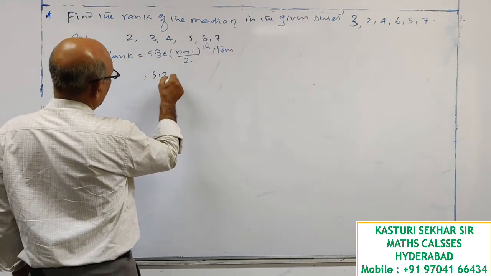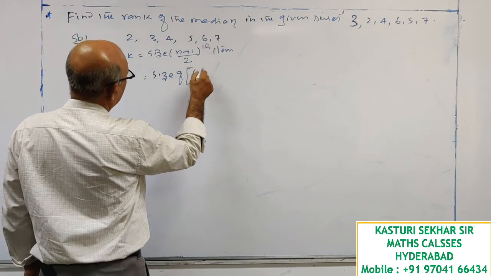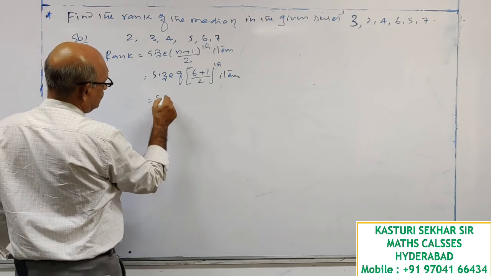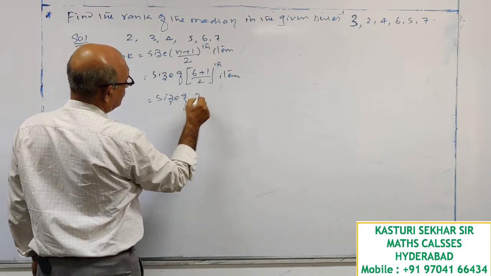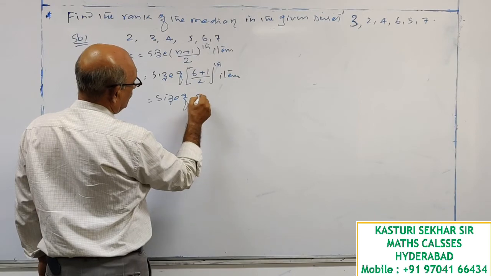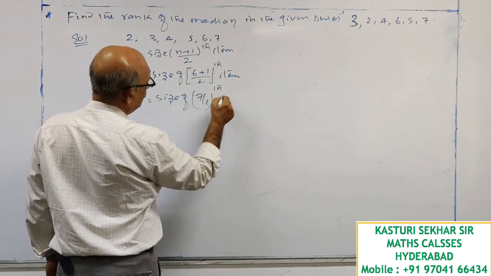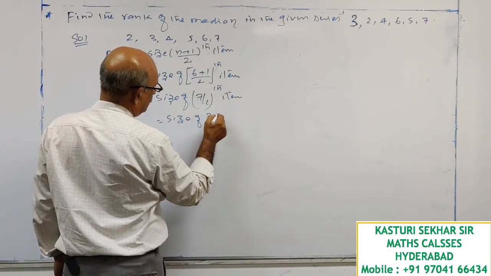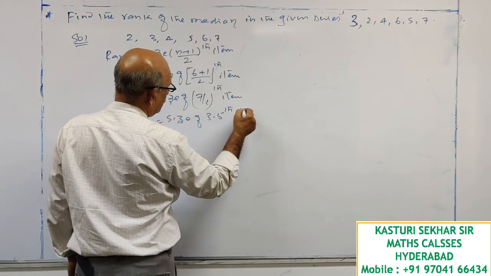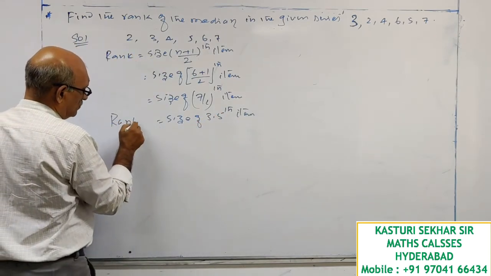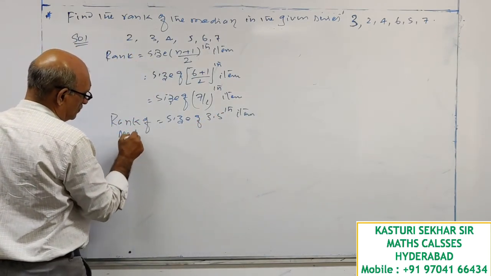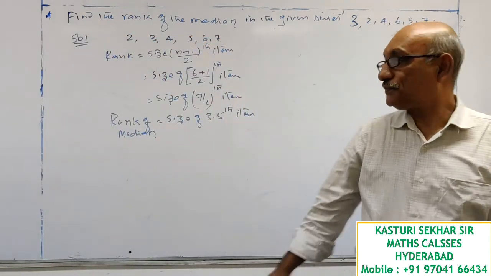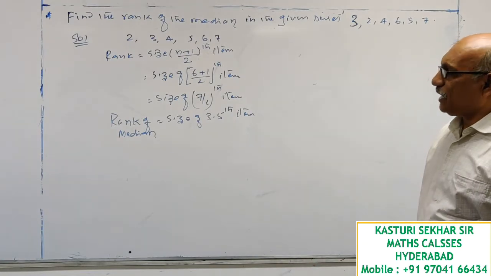So this is equal to size of (6 plus 1)/2 th item. Rank of median is equal to size of 3.5th item.